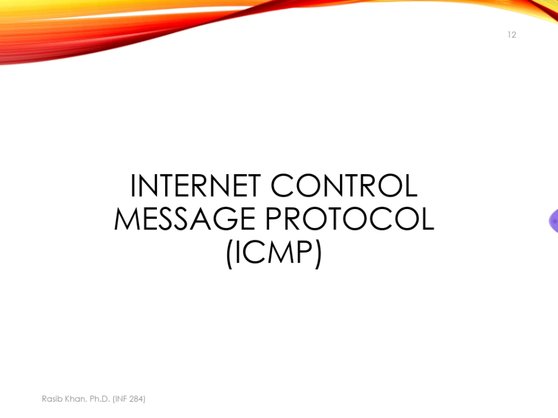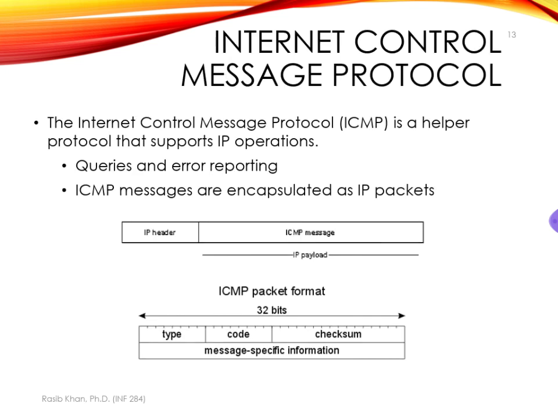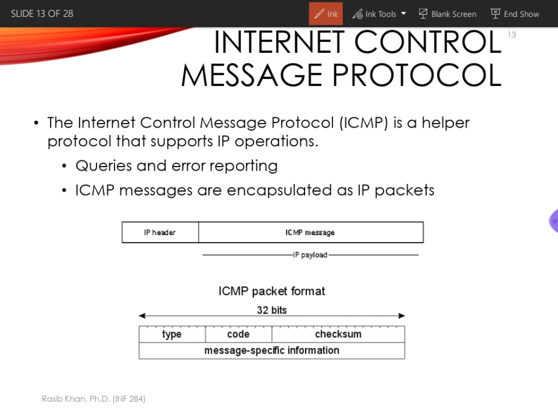The next protocol that we'll look at is the Internet Control Message Protocol, in short, ICMP. ICMP is a helper protocol that supports IP operations. The Internet Protocol has many different functions, and ICMP allows IP to work flawlessly and allows us to exchange different control messages.